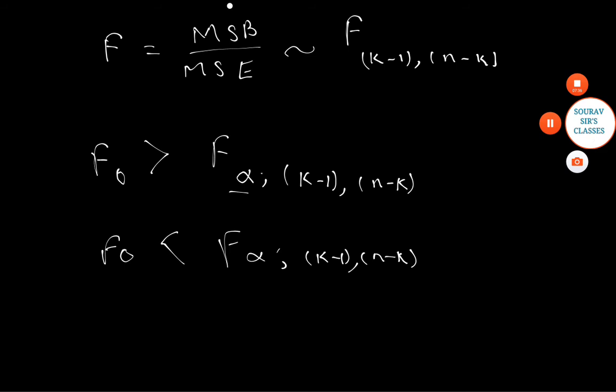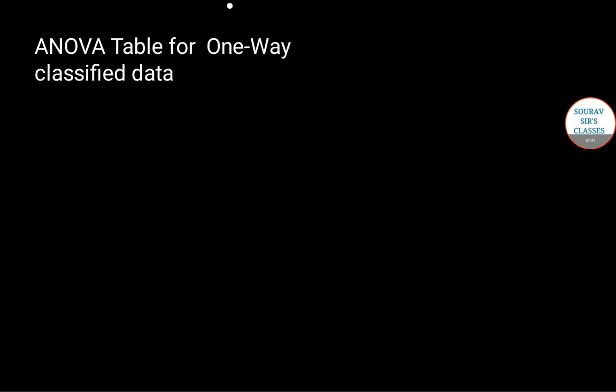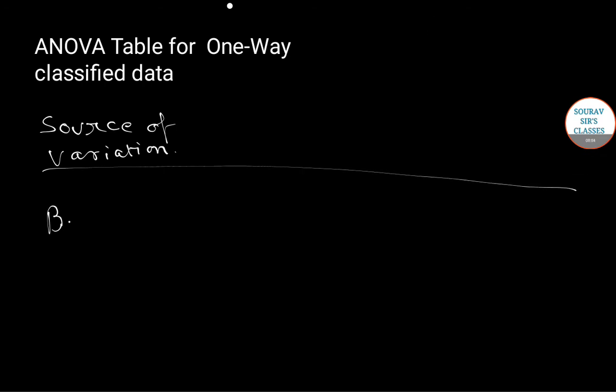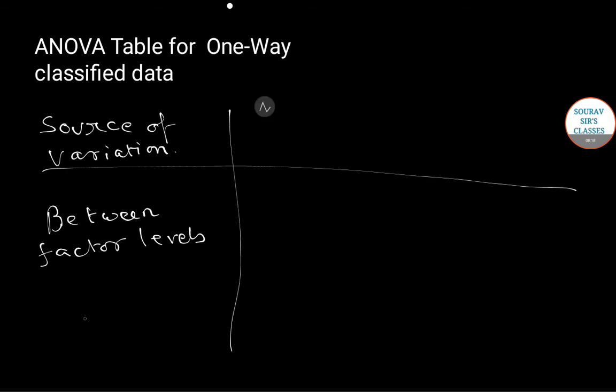Anova table for one-way classified data. The table is constructed in the following way. Source of variation: between the factors, and within factor levels or error.